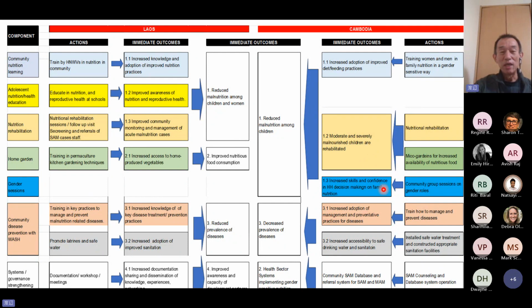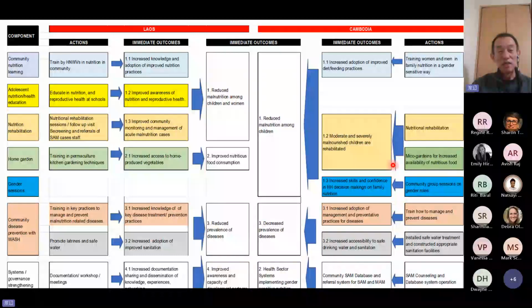There is a slight difference in that, for example, for household food security, in the Laos program this green part is a more separate, independent component, whereas in Cambodia it was integrated within the rehabilitation program.